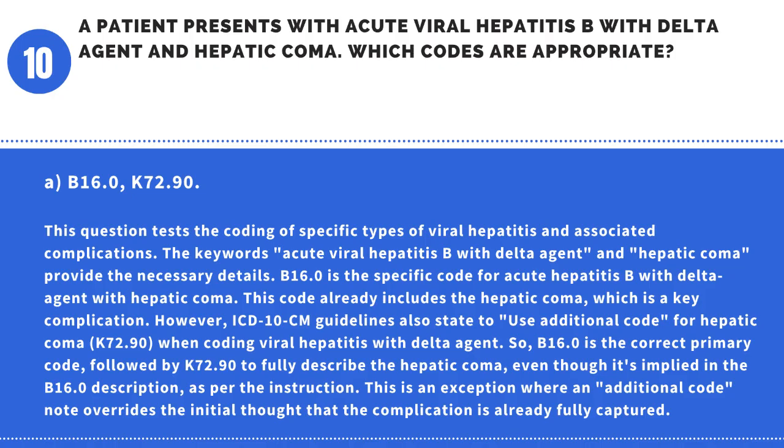However, ICD-10-CM guidelines also state to use an additional code for hepatic coma, K72.90, when coding viral hepatitis with delta agent. So, B16.0 is the correct primary code, followed by K72.90 to fully describe the hepatic coma, even though it's implied in the B16.0 description as per the instruction. This is an exception where an additional code note overrides the initial thought that the complication is already fully captured.